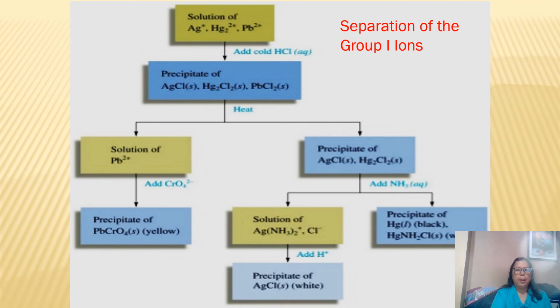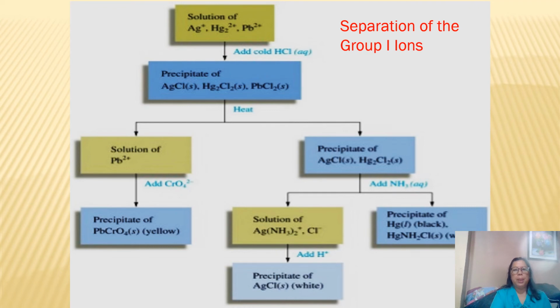If these are placed in one solution, and you heat this, and when you add chromate and the yellow precipitate is formed, then lead is present.